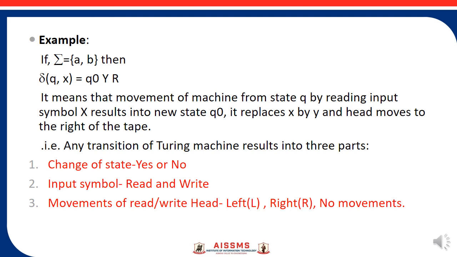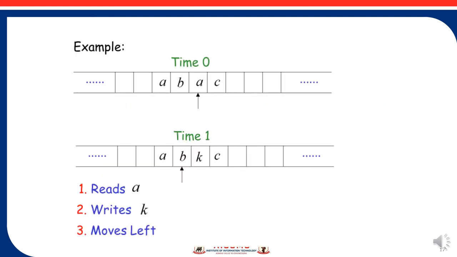This is how we read the transition function in the Turing machine. So here with the diagram we can see the example. We read A, then we replace this A with the new symbol K, and we move the head to the left. So this is the transition function.